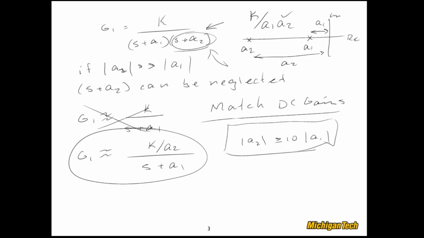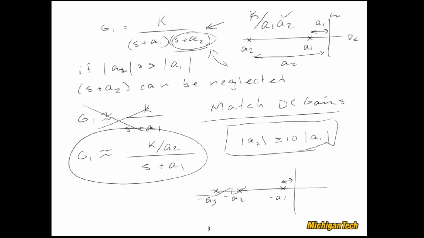And again, this is for just one other pole, but if you had several other poles, so let's say you had an A1 here, and you had an A2 and an A3, and these were all far away from the imaginary axis compared to A1, then you could get rid of all of them.